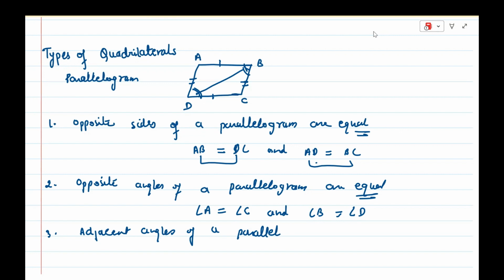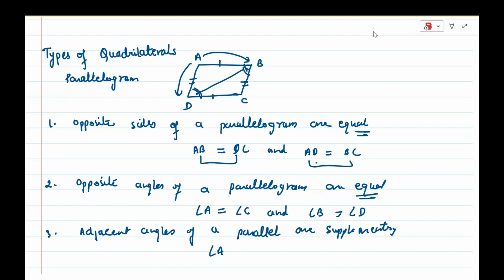The property says adjacent angles of a parallelogram are supplementary. So first, what is supplementary? It means the sum of two angles is 180 degrees. Here, angle A has adjacent angles. Adjacent means neighbor. Either angle B or angle D, right?